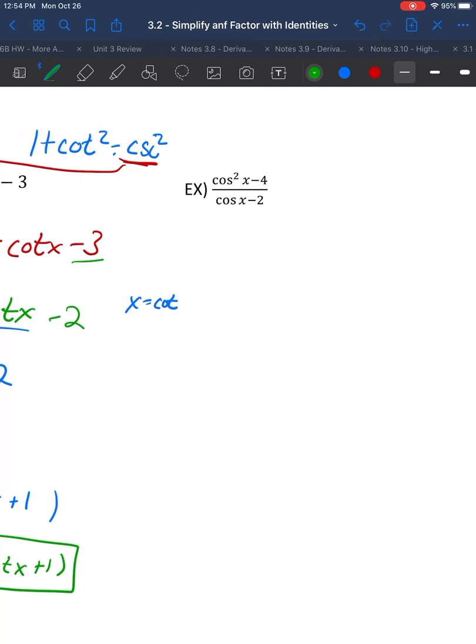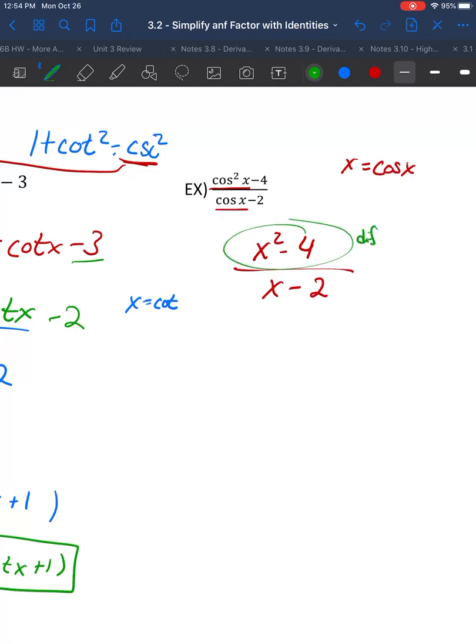Last example. Again, you cannot cross out cosines because there's addition and subtraction involved. I have cosines. Let's swap that out for a variable. So then this would say x squared minus 4 over x minus 2.